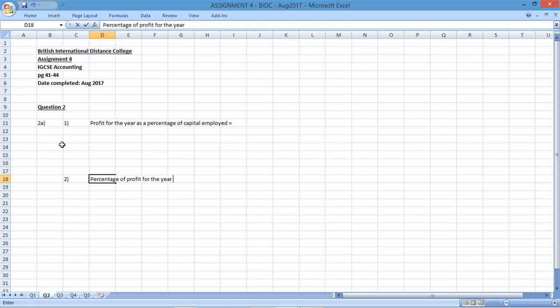Revenue is obviously sales, and then you've got another ratio. Number 3, percentage of gross profit to revenue.